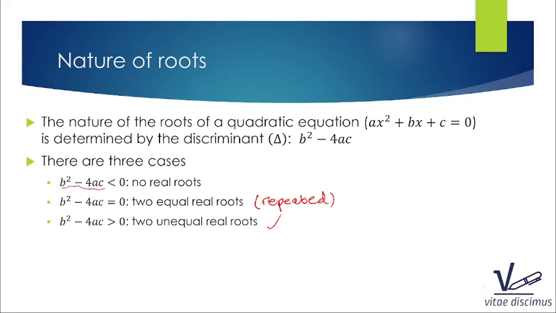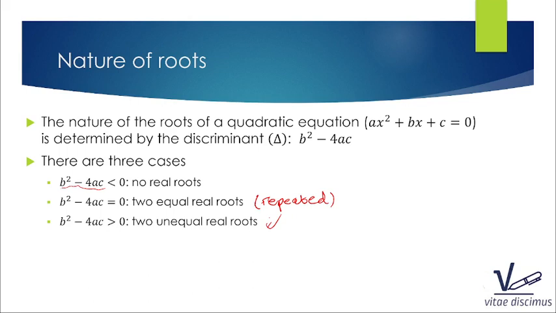So in most of the examples we looked at just now, we had this case of two unequal real roots. So sometimes it might be necessary to figure out what values of some variable can help us to get either real roots or no real roots, and so forth.